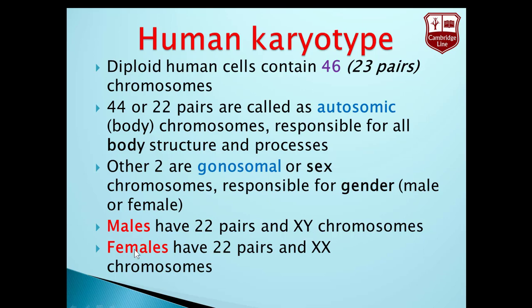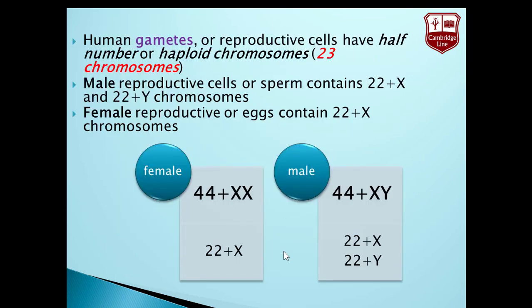The female chromosomes will give 22 autosomes and an X chromosome as a gonosome. You can see both of them, X and X. It means that a female will give 23 chromosomes, 22 plus X. Let's see it in the next slide.